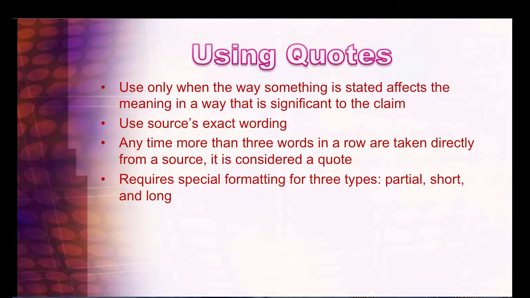There are 3 different types of direct quotes: partial, short, and long, and each of them requires a different type of formatting. We're going to look at that in a separate short presentation.